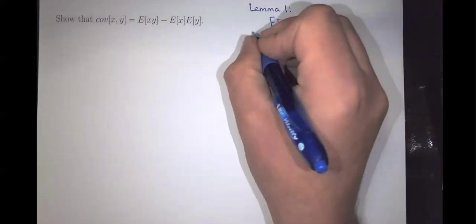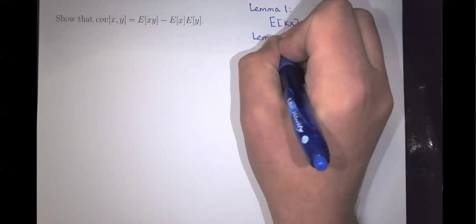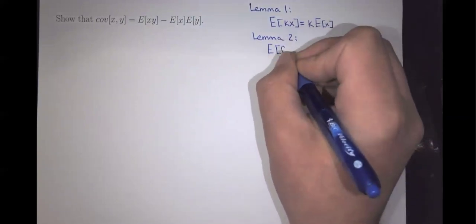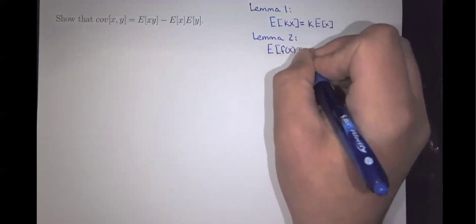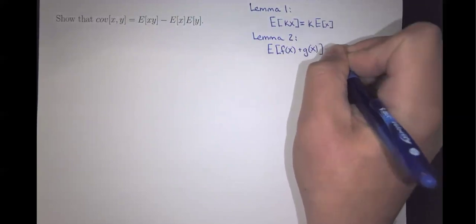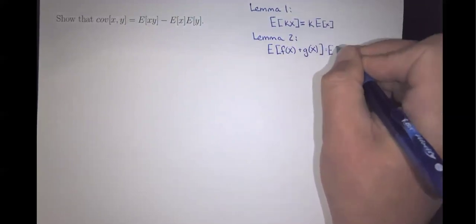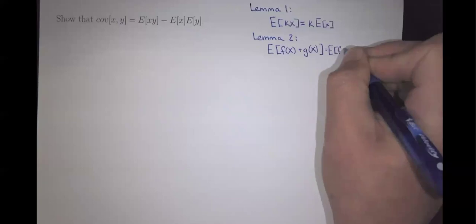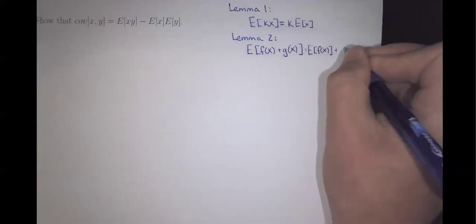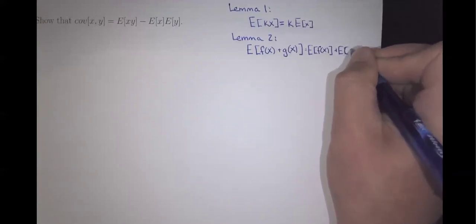Next, we'll call it lemma 2. The expected value of f of x plus g of x is equal to the expected value of f of x plus the expected value of g of x.